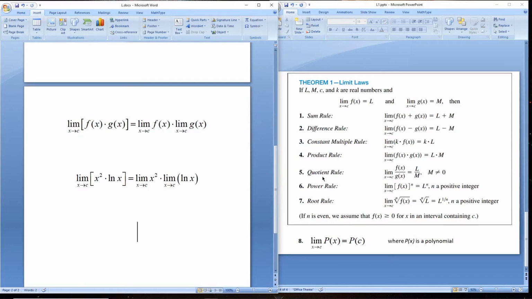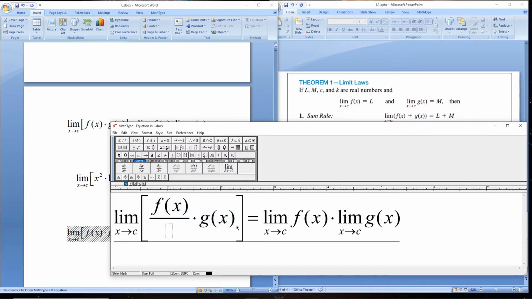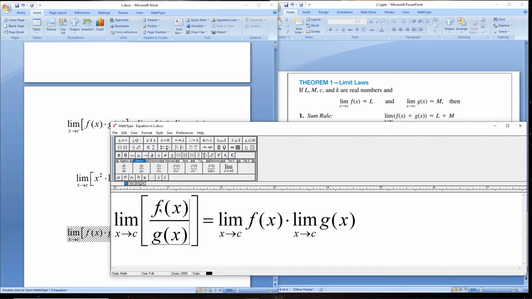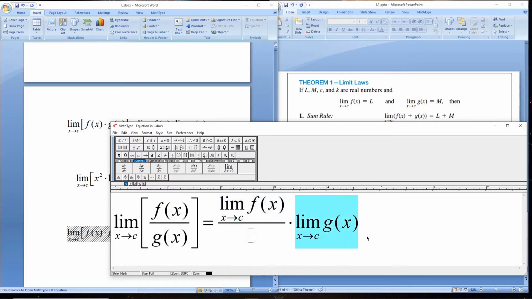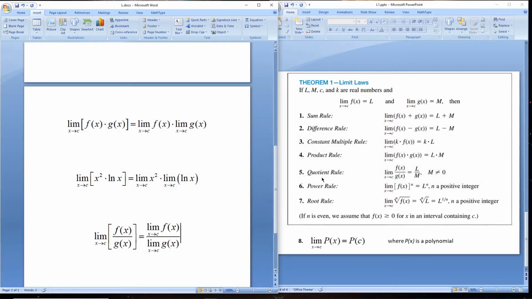So property 5 says that if we're taking the limit here, that we can pass along the limit to the numerator and to the denominator. And that's what property 5 is saying.